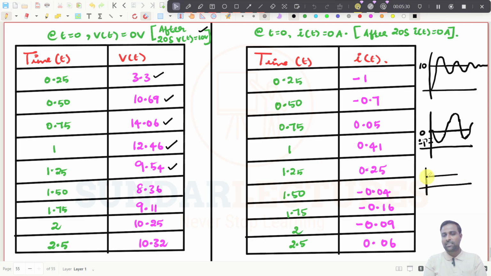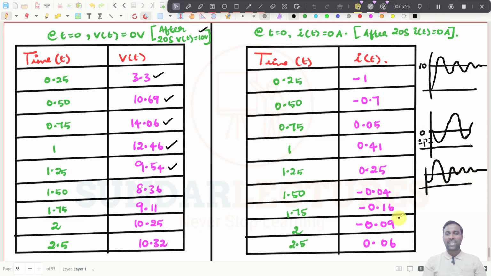What happens if this is the zero line? Then it will be oscillating, bigger oscillations coming first. See, if this is 10, bigger oscillations will come first, it will be like this, and slowly dying down, oscillating, and after some time it is going to become 0, right?